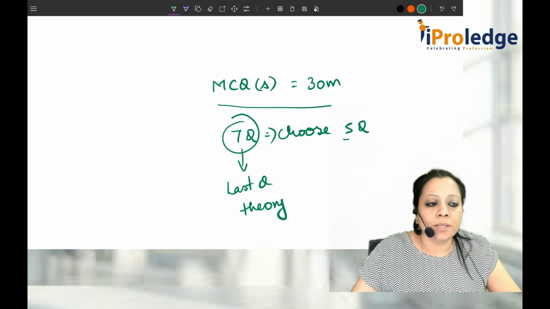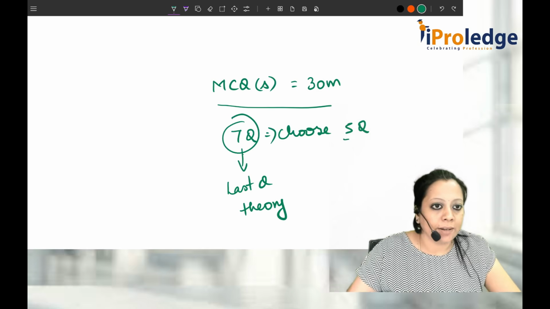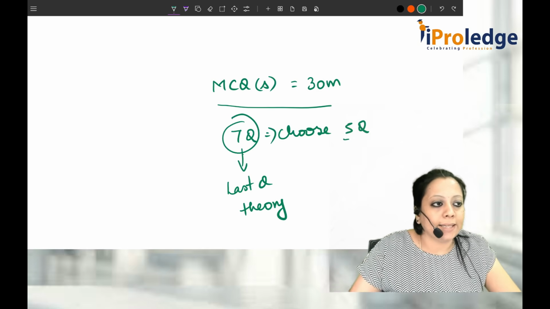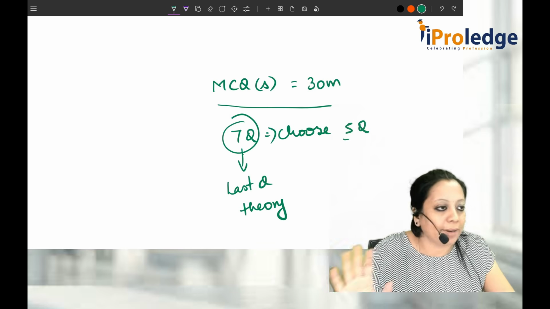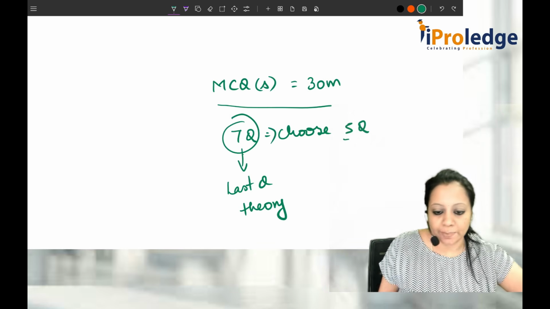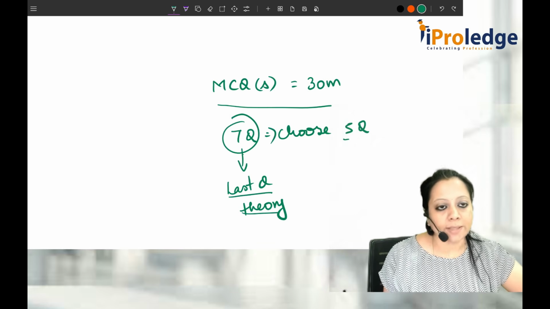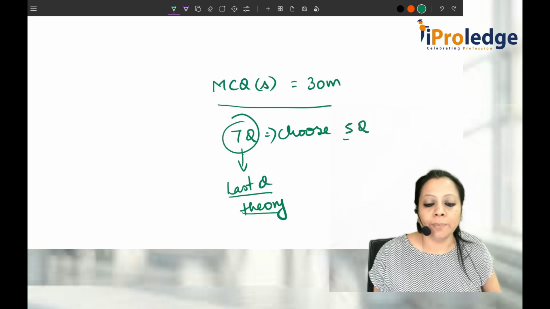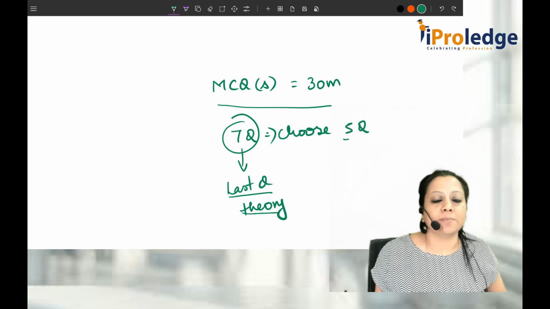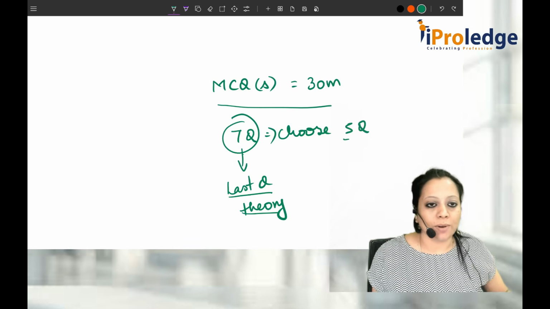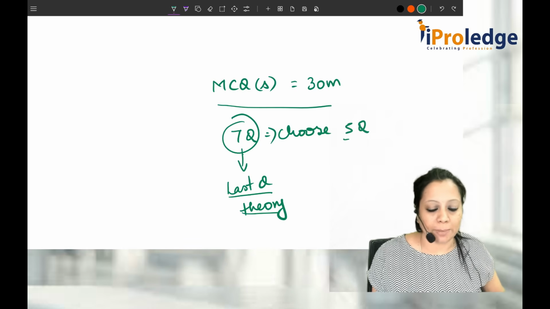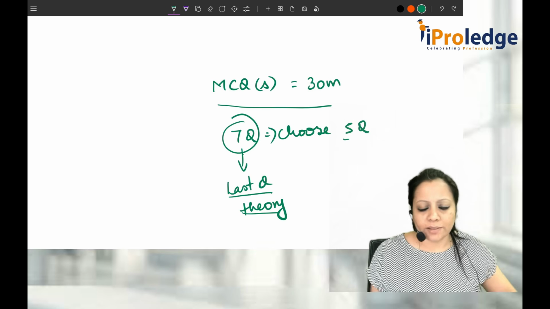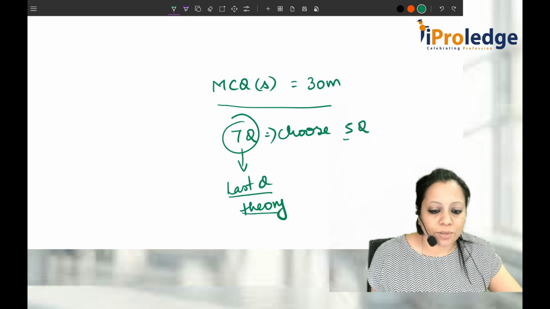Every day, read a little bit so that you are able to complete the theory fully. Suppose you find the paper a little difficult. If you are strong in theory, then the last question you can attempt and be sure of getting those 7 marks. So 7 plus 7, 14 marks.